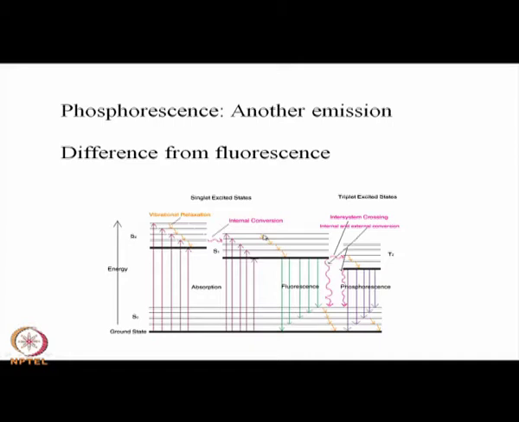Then again transition may take place from here to here, which is called fluorescence, and here to here another fluorescence, and here to here another fluorescence. So you will be getting a number of frequencies, that means you expect a fluorescence spectrum. But suppose the situation is such that this S1 to T1 transition is somehow allowed because of some mixing.